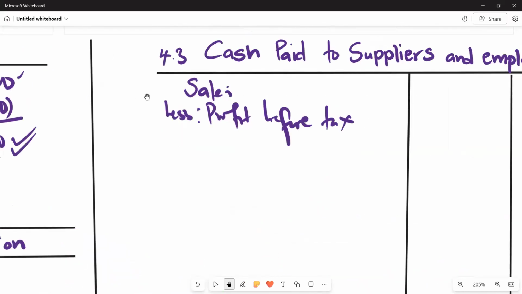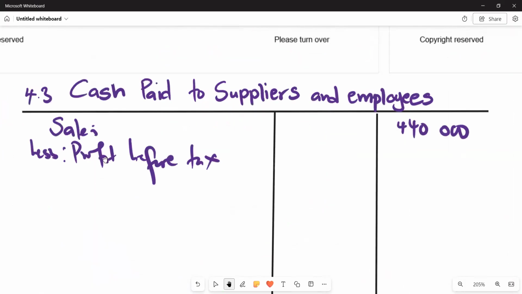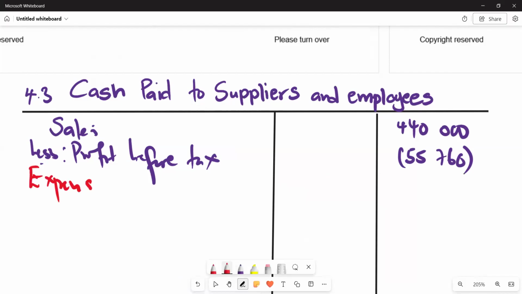So we are saying 55,760, and we are going to subtract. We are saying less, so we can just indicate by putting our brackets. So this is what we have. So we can now calculate to get expenses for the period. So the figure that we are going to get will be expenses for the period.